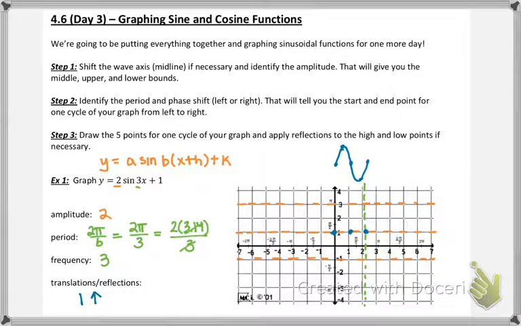Between 0 and a little bit more than 1 is going to be my high point going up to 3. And between a little more than 1 and a little more than 2 is going to be my low point, down at -1. And then I just draw my first full cycle. I know that I should be able to draw 3 full cycles between 0 and 2 pi, so you can keep going if you want.